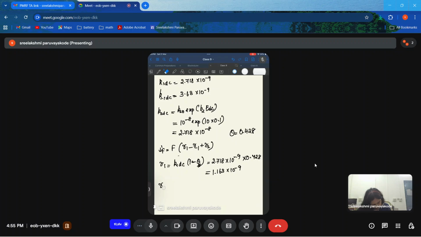Now R minus 1 is equal to K minus 1 DC theta, because it's a backward reaction, M adsorbed giving M plus electron.